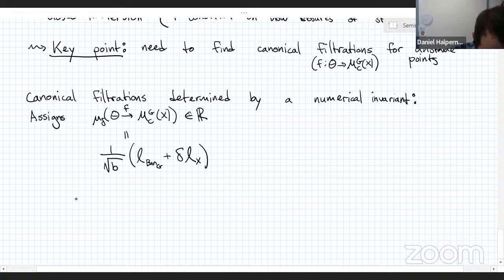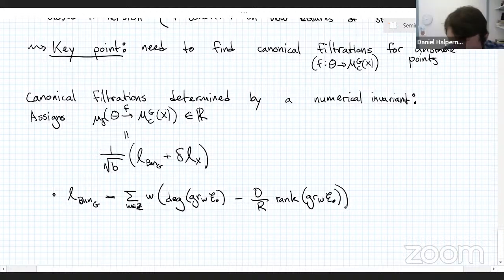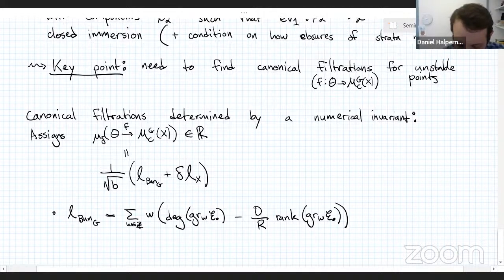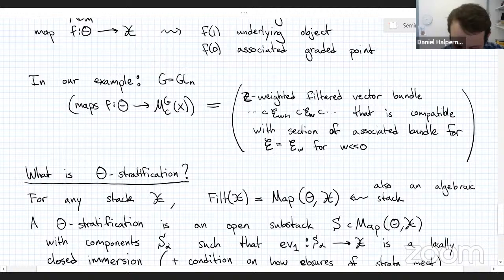So L_BunG is the sum over all weights w of w times the degree of the wth graded piece of E minus d over r times the rank of gr^w of E. So again, in our example, a filtration is actually just a filtration, as you'd expect, of the underlying vector bundle with some compatibility.